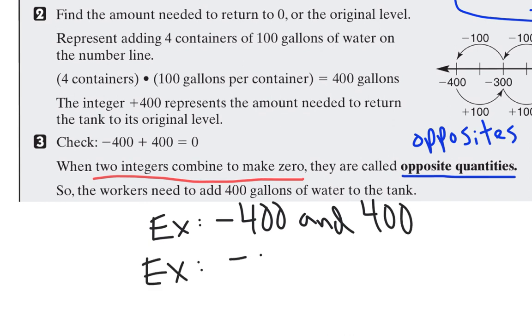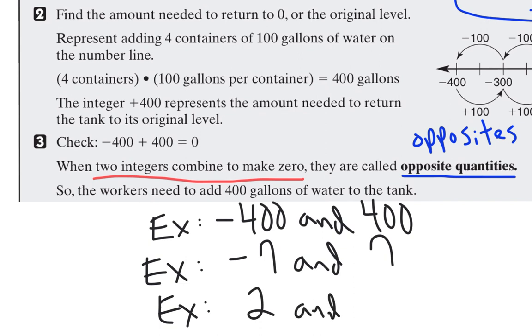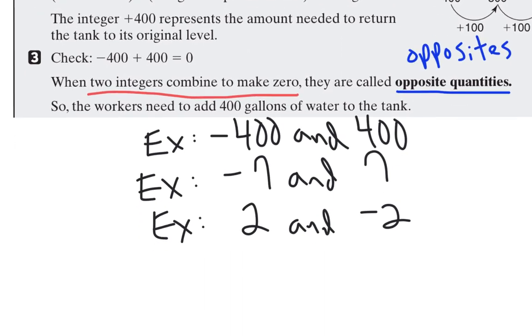We could have negative 7 and 7. We could have 2 and negative 2. Okay, so basically with opposites, it's kind of like the same number except for opposite signs. One's positive and one is negative.